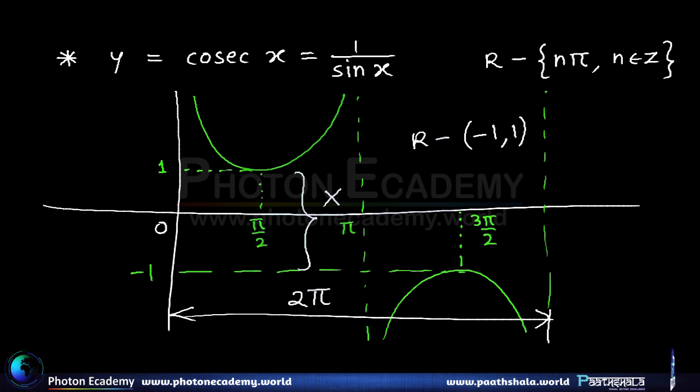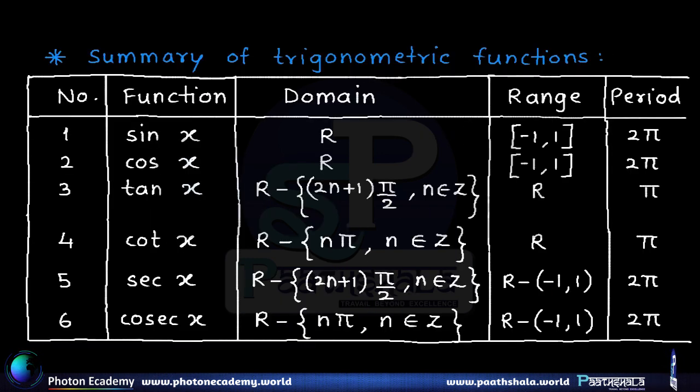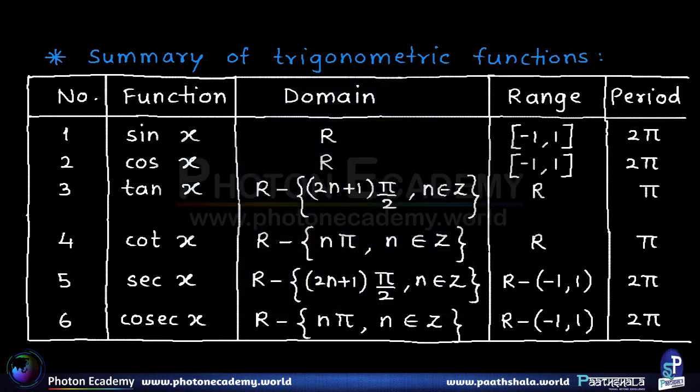So now summarizing everything, on the next slide we have the summary of all these details of the 6 functions. So let us take a peek at all of these values. So here we see the functions with their domains, range and the period.